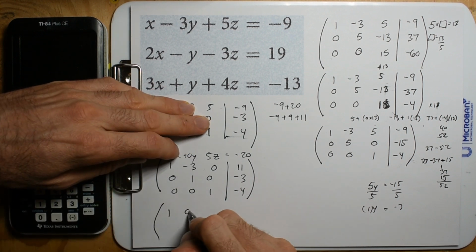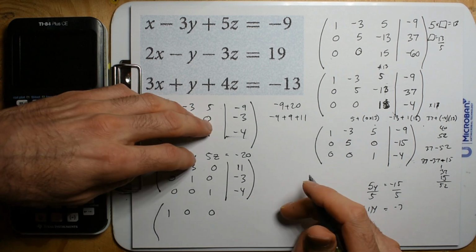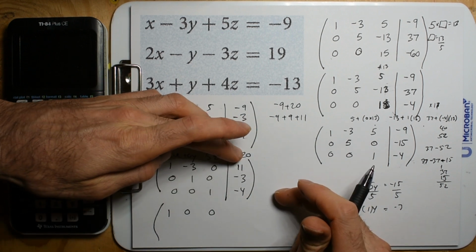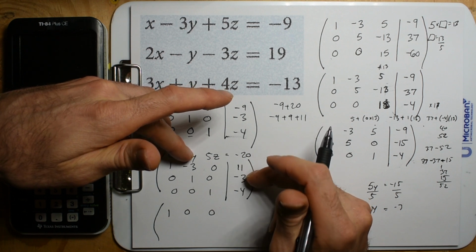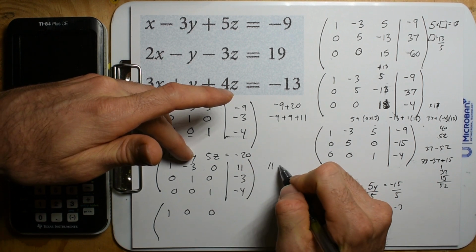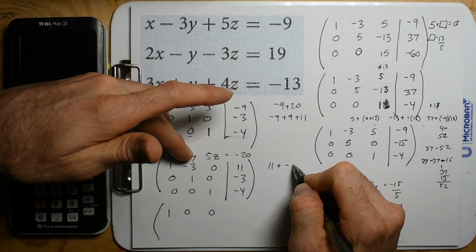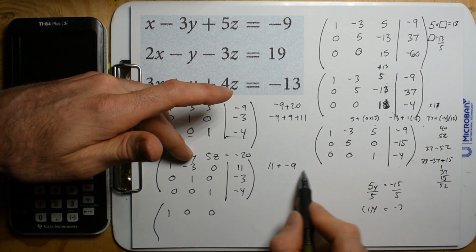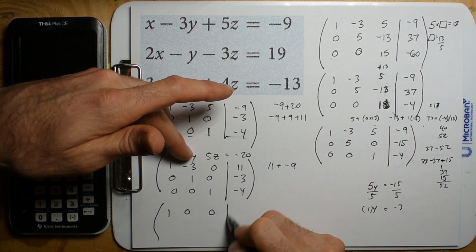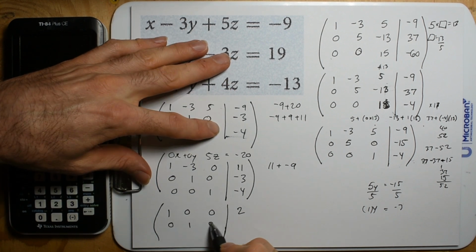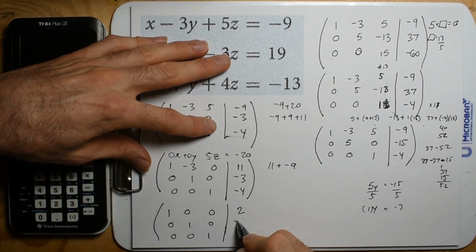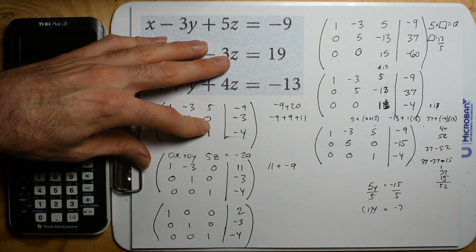So we got 1, 0, 0. And then 11 plus negative 9, which is 11 minus 9, is 2. Sweet. And x is equal to 2. 0, 1, 0, 0, 0, 1, negative 3, negative 4. We did it. We did an echelon approach.